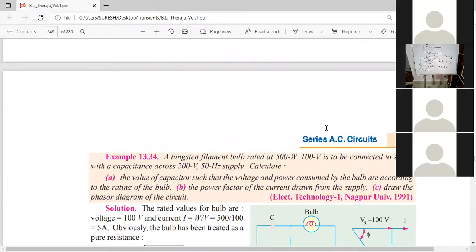Take down the next problem. A tungsten filament bulb rated at 500 watts, 100 volts to be connected.